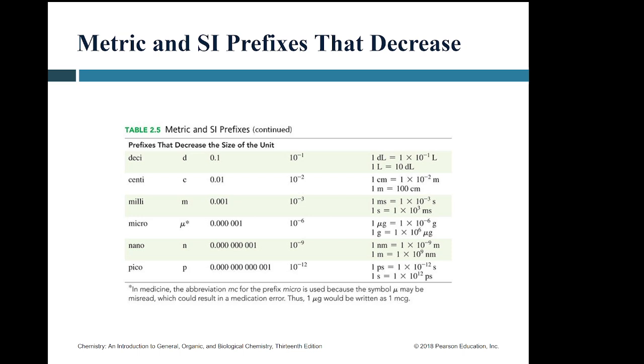Apparently they wrote out microgram, but they had loops on the top. And so the nurse that was training said, okay, we need to give this person a milligram dose of morphine. So 1,000 times the dose of morphine.